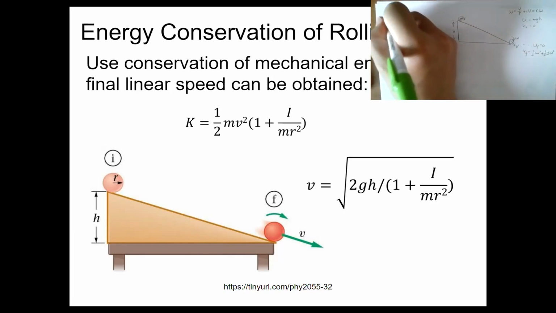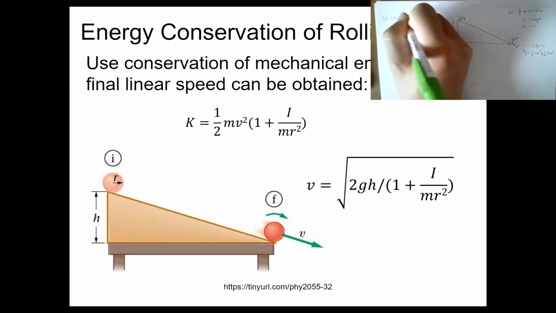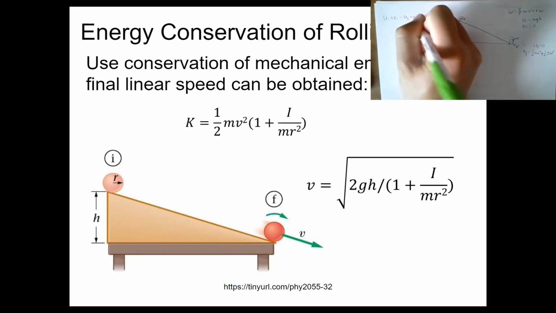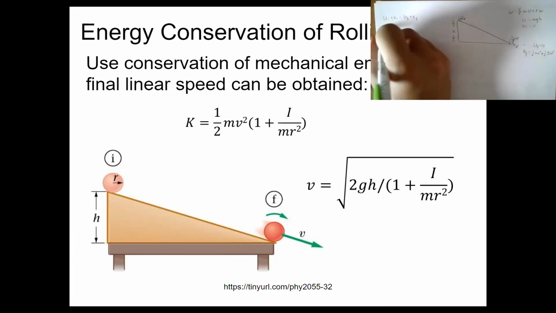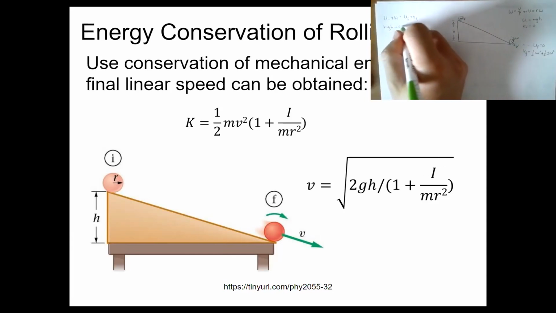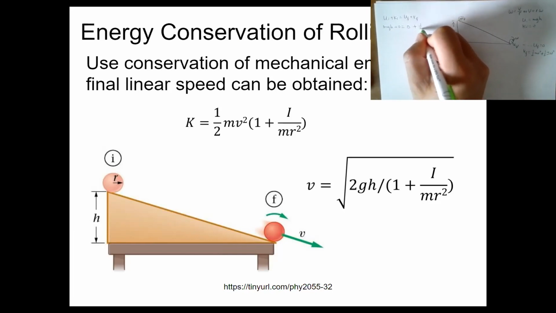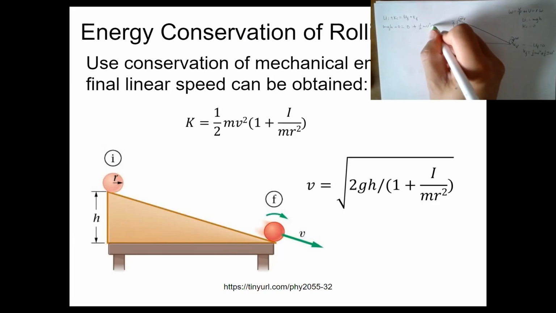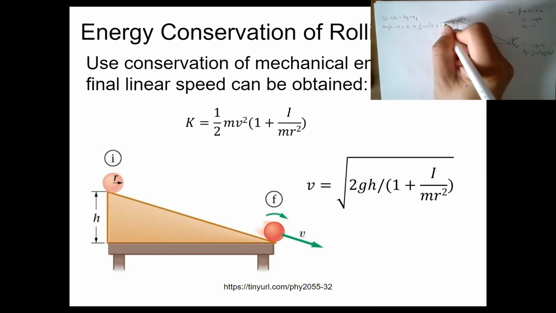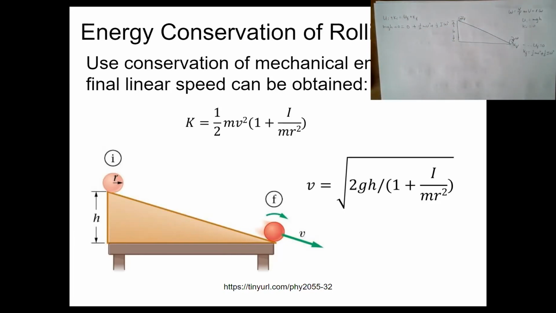So you set up U_i plus K_i equals U_f plus K_f. That gives mgh plus 0 equals 0 plus 1/2 mv² plus 1/2 Iω².